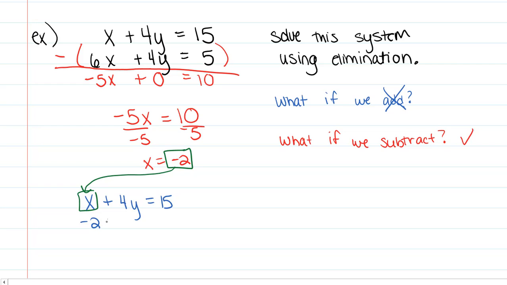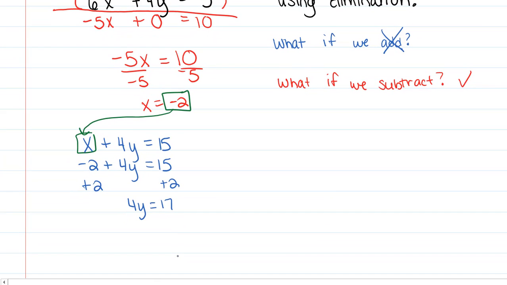So we get negative 2 plus 4y equals 15. I'm going to add 2 to both sides. 4y equals 17. And unfortunately, it's not a super nice number, but that is okay. All right, y equals 17 over 4. Whoops, I circled that, but let this be a lesson to you. That is not the answer. The solution is the ordered pair, negative 2, comma 17 over 4.